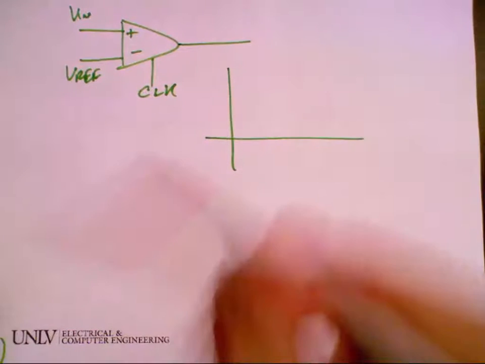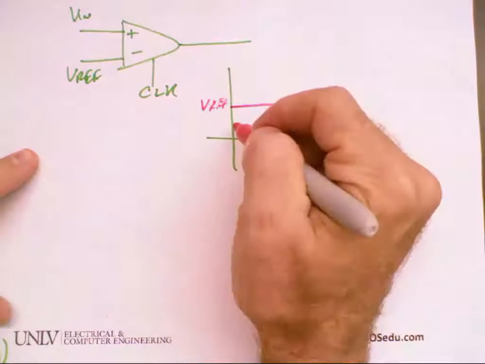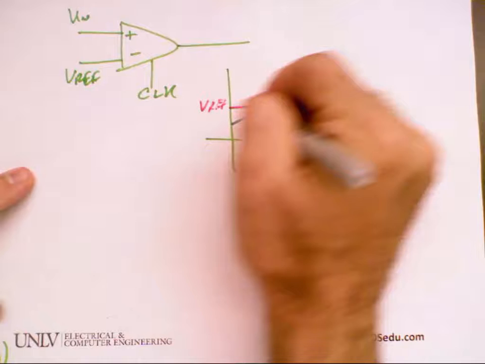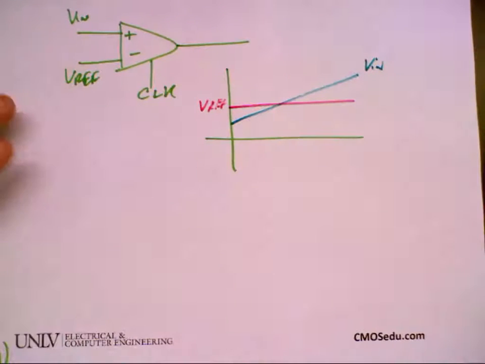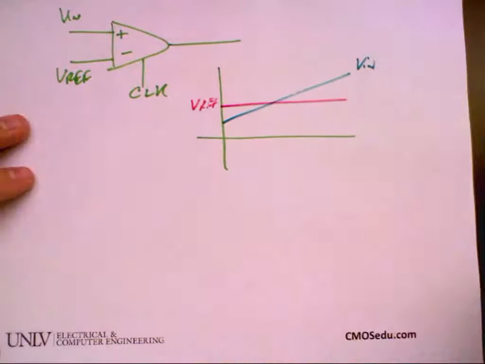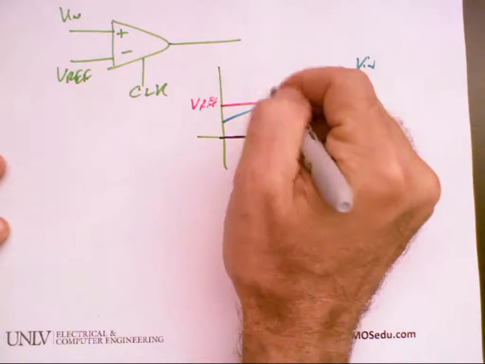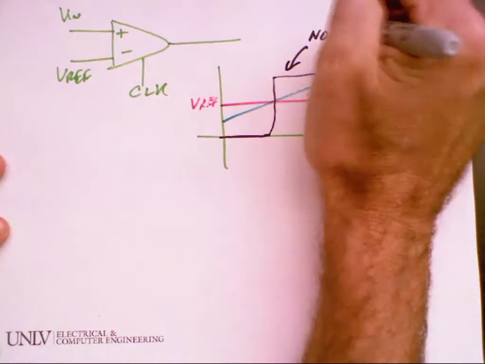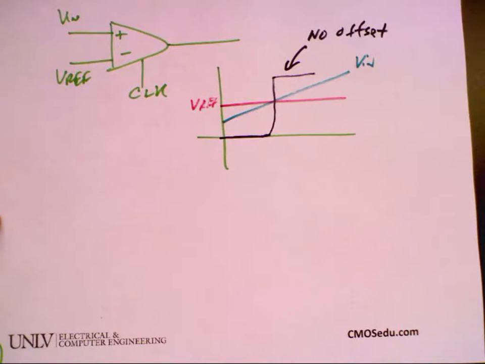So here's my Vref. Here's my Vin. Assuming the clock is fast relative to these two signals, where should my output change from a 0 to a 1? Right here, right? No offset. I just saw that I do have an offset in that comparator.